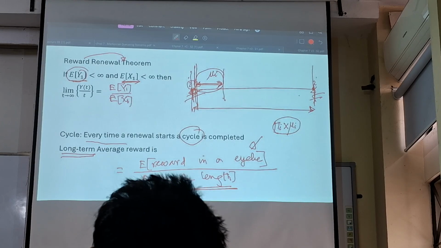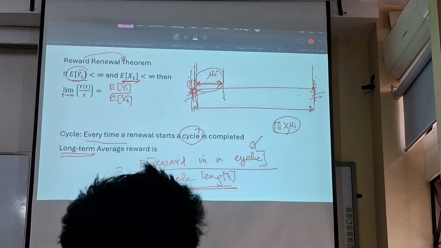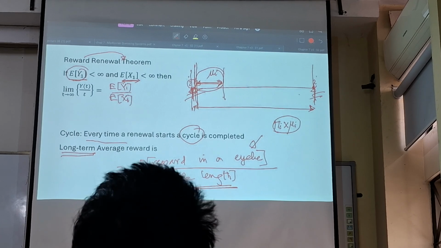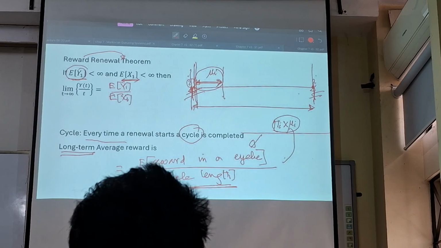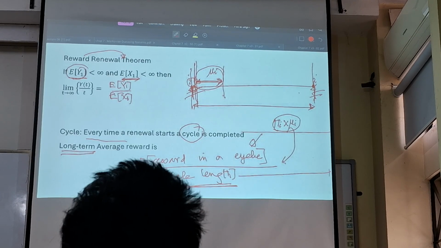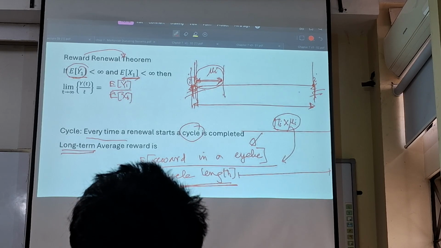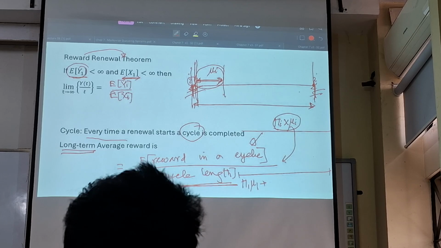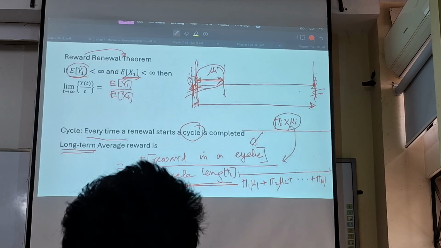In the long run, the amount of time the process will be in state I. And what is the cycle length with this system? In the long run, the total amount of time the process will be in states is pi 1 mu 1 plus pi 2 mu 2 plus up to pi n mu n.